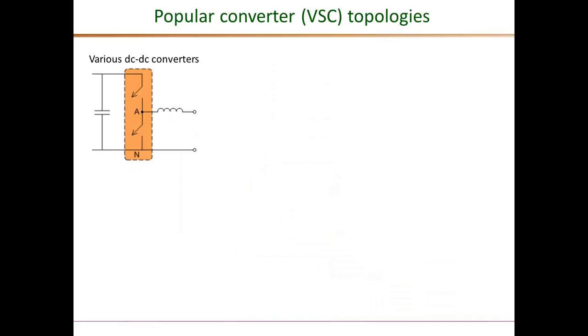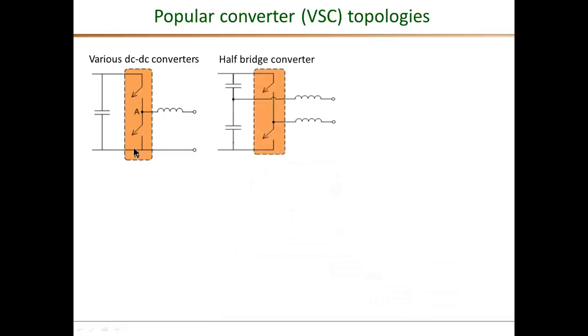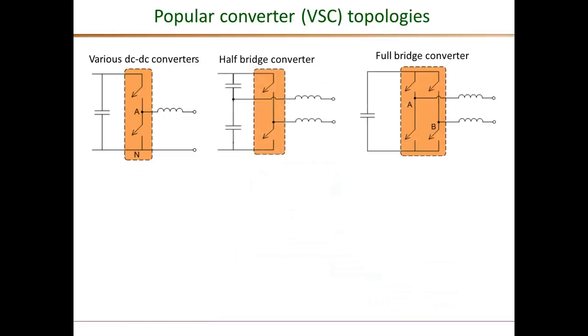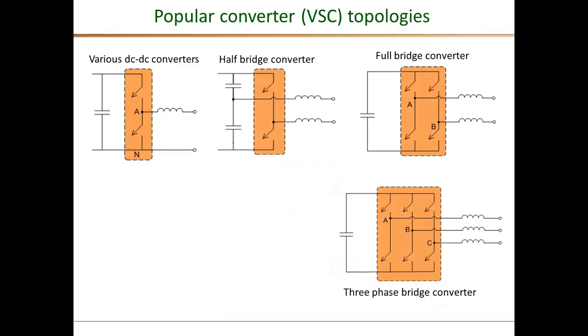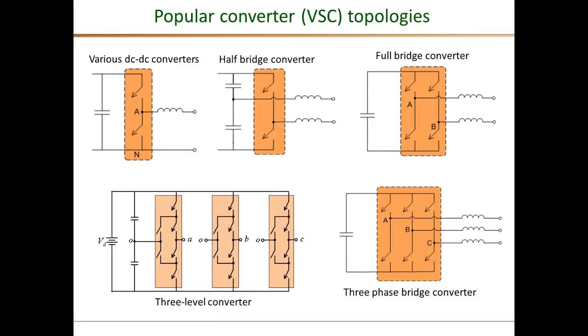A quick look at the popular power converter topologies, or in fact any converter topology. For example, the various DC-DC converters like the buck and the boost or Cuk converter, the half-bridge converter topologies, the full-bridge converter used in DC motor drives and single-phase inverters, three-phase inverters used in large motor drives, UPS, and even the more complex topologies like the multi-level converters or matrix converters.